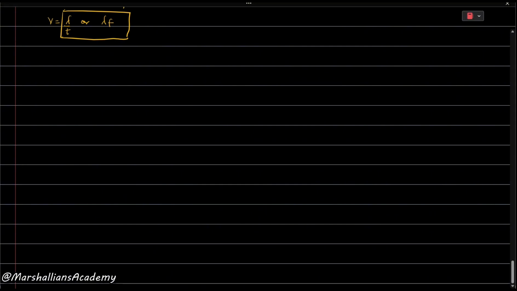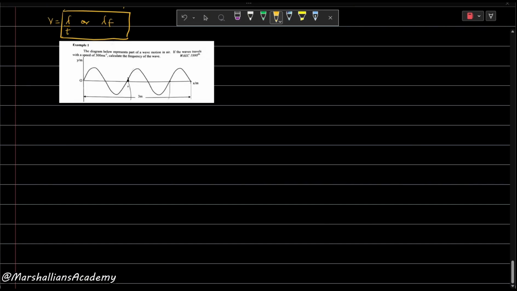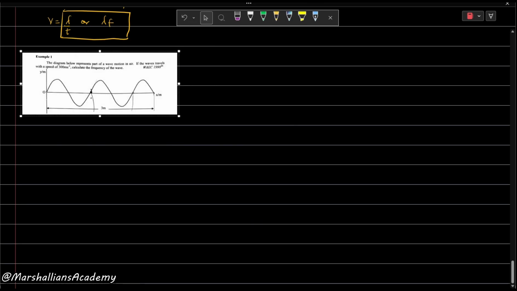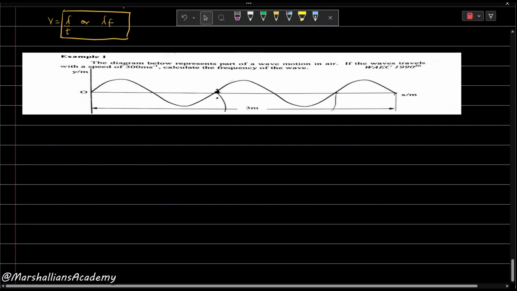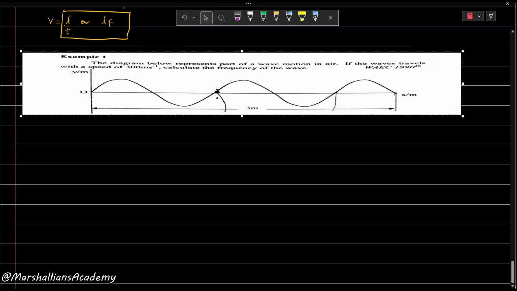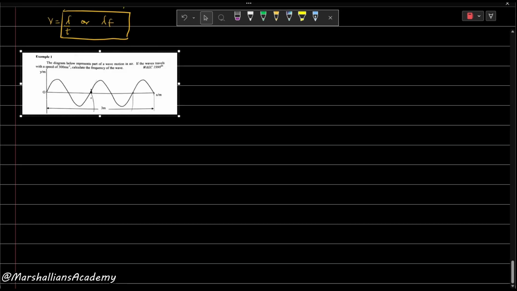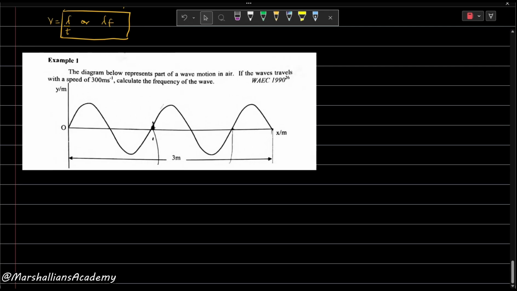Insert pictures from file. Let me try and expand the picture so you guys can see it clearly.